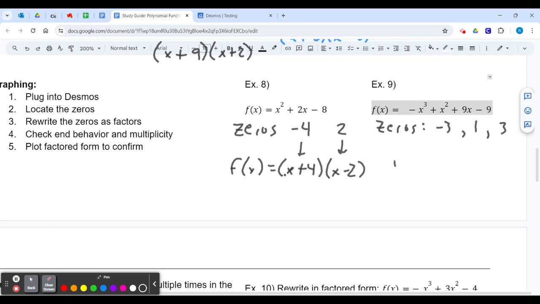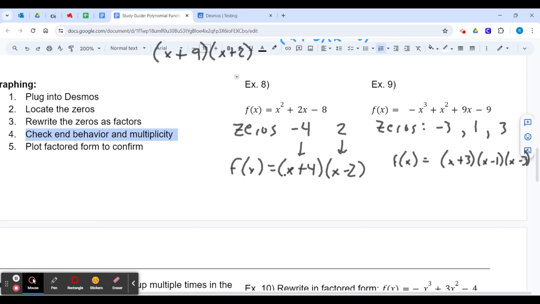So that factored form equation, we can start writing as x plus 3 times x minus 1 times x minus 3. However, we're going to want to check the end behavior and multiplicity of this. I see that I have a negative leading term, so my guess is that we're going to have to throw a negative in front of that first factor.